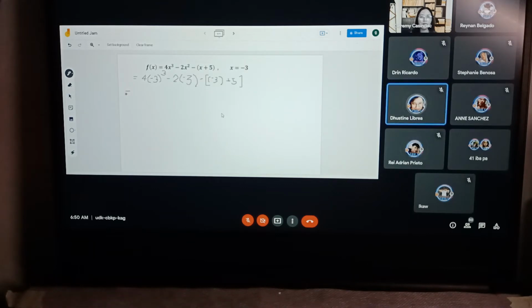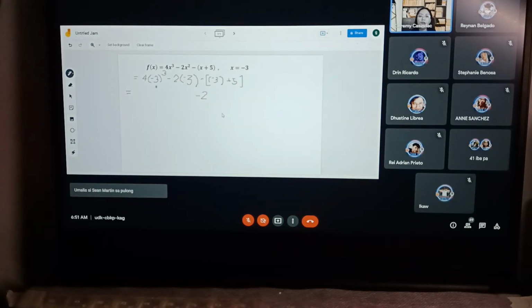Yung last po. Okay, that's correct. So, perform the indicated operation muna dito sa dulo, since siya yung nasa loob ng parenthesis, tama? Adding an integer. So, we have now negative 3 plus 5. That is equals to? Positive 2 po. Okay, that's correct. Positive 2 now.